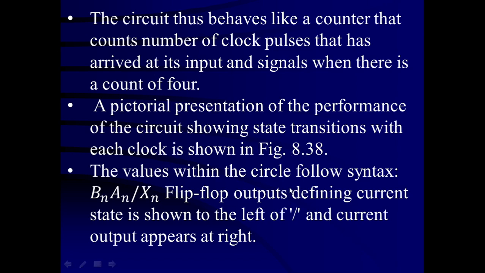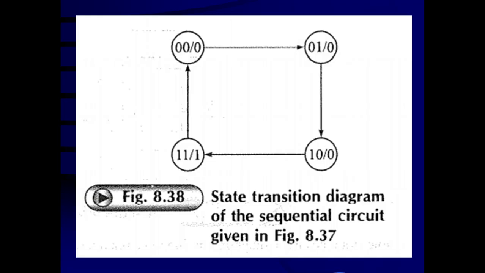The values within the circle follow the syntax Bn An / Xn. Flip-flop outputs defining the current state are shown to the left of the slash, and the current output appears at the right side of this slash. That means here you can see the pictorial representation of the state transition diagram.